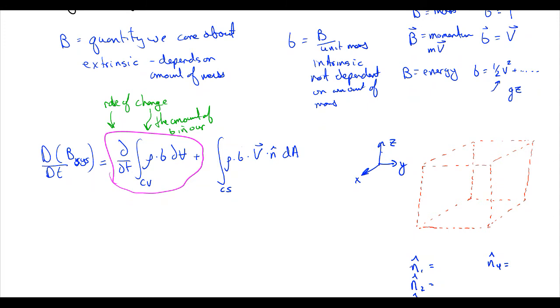Because remember, B is per unit mass. So if we multiply by the density, now we have a B per unit volume, but we're integrating over our volume. So that's a B times a volume, which gives us our total amount of capital B. I should have written capital B there. So it's the rate of change of capital B in our CV, our control volume.